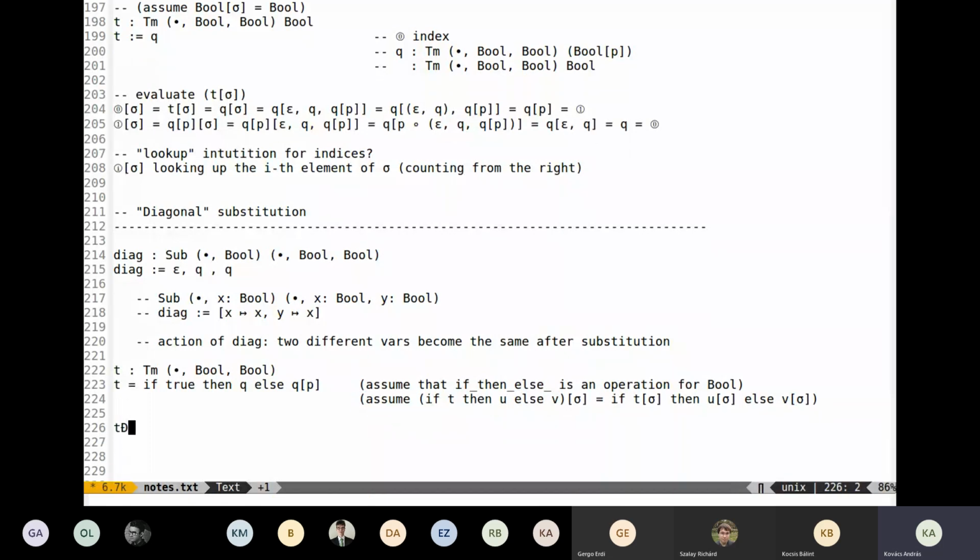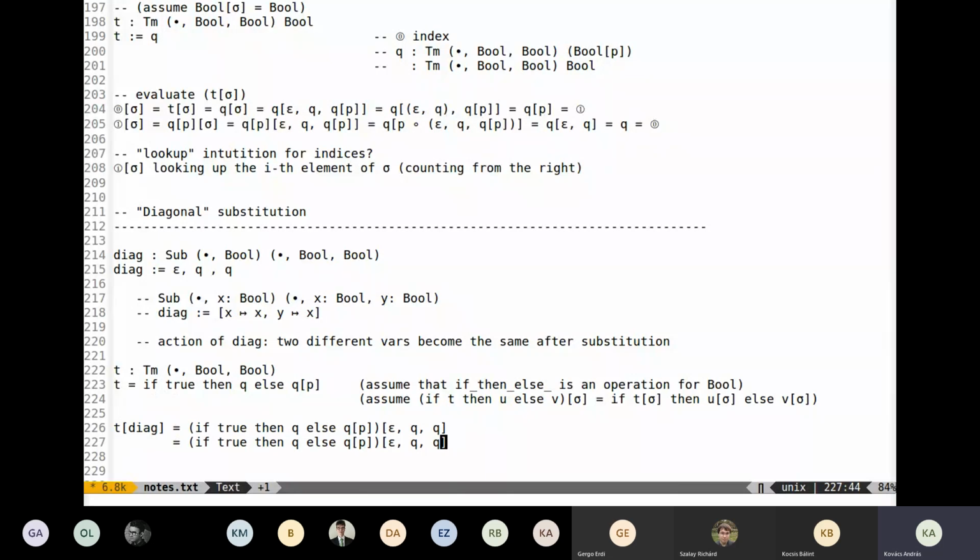Now if I am doing a substitution, then first let's unfold this. So if true then q else qp, and this is epsilon qq. Now I am pushing the substitution inside the if-then-else.